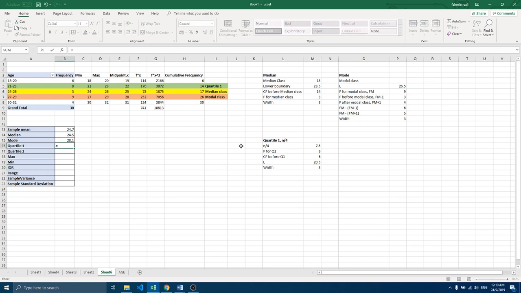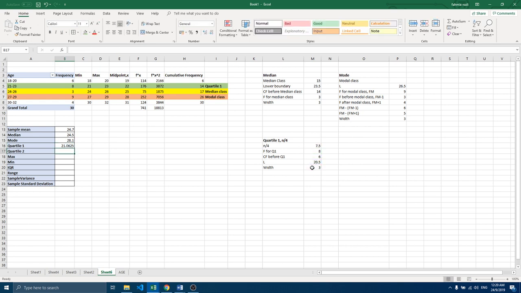Sorry, I'll just repeat again. Lower boundary, plus width times n divided by 4 minus cumulative frequency before, then you divide it by frequency and multiply with width.